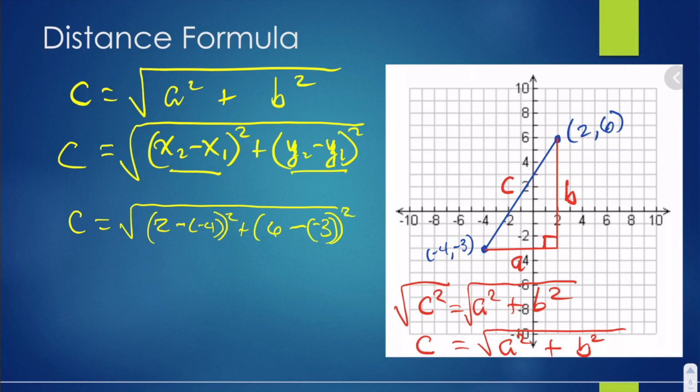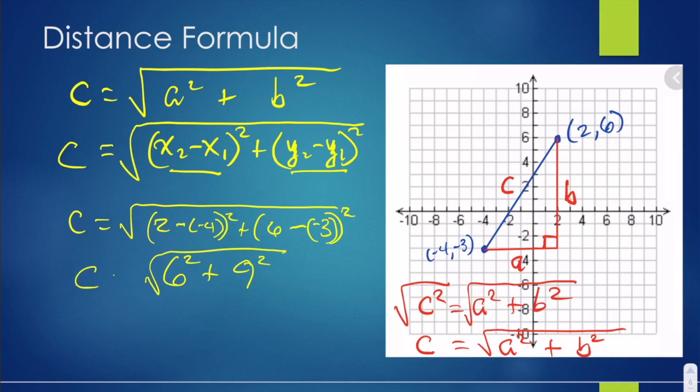All right, 2 minus -4: minus a negative is plus, so 2 plus 4 is 6, so that becomes 6 squared plus, and 6 minus -3: minus a negative is plus, so 6 plus 3 is 9, and that's squared, and we're taking the square root of those two.